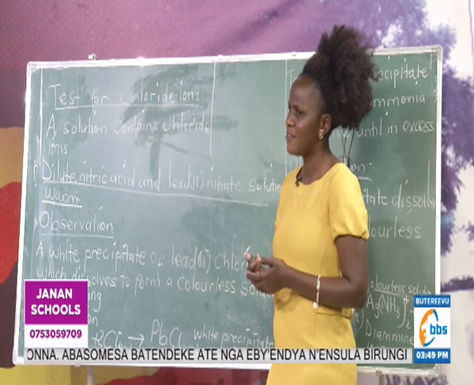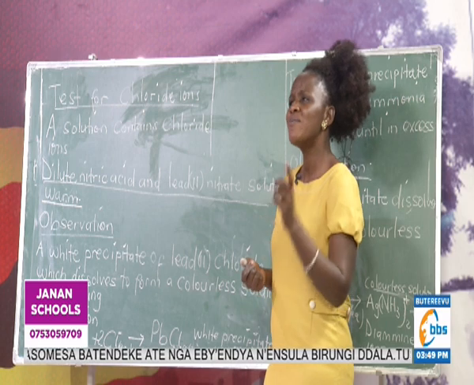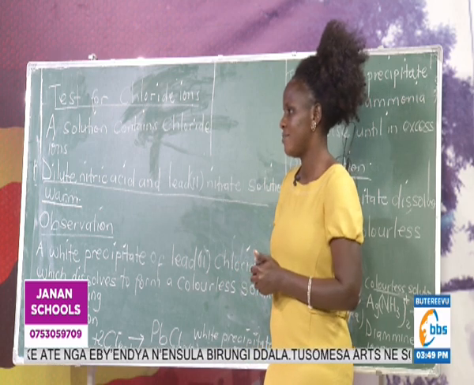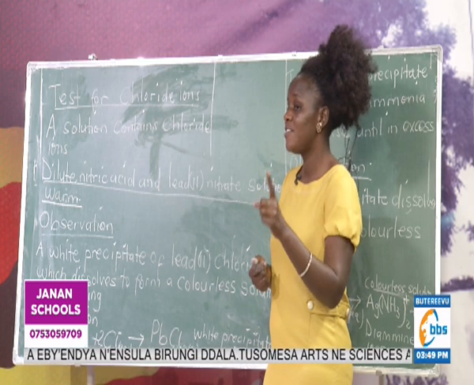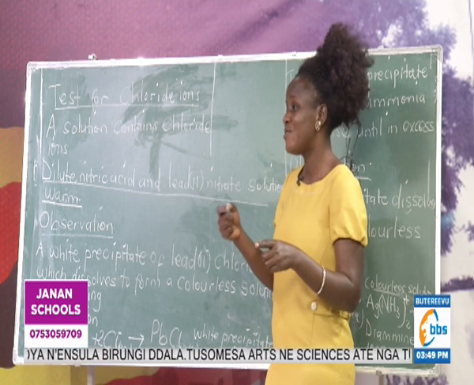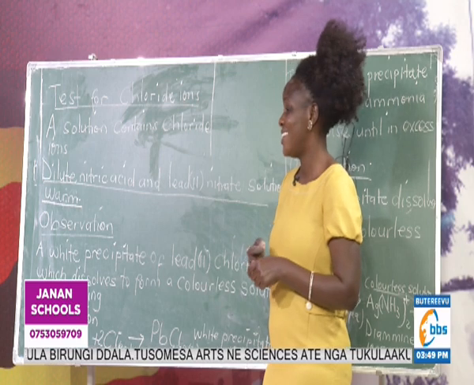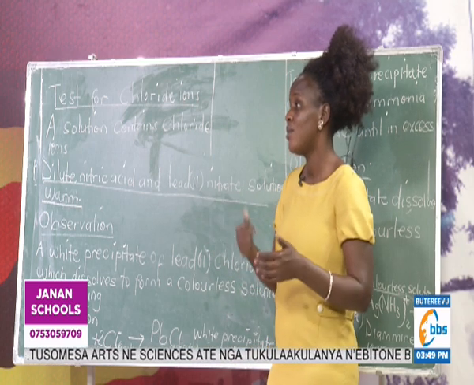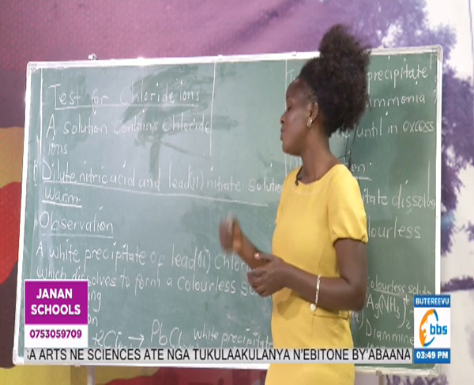State what you observe. And then you say, no, madam said it must be with dilute nitric acid. If it has come and I've not given you dilute nitric acid and I've given you only silver nitrate solution, you will still have the same observation. Don't forget that.